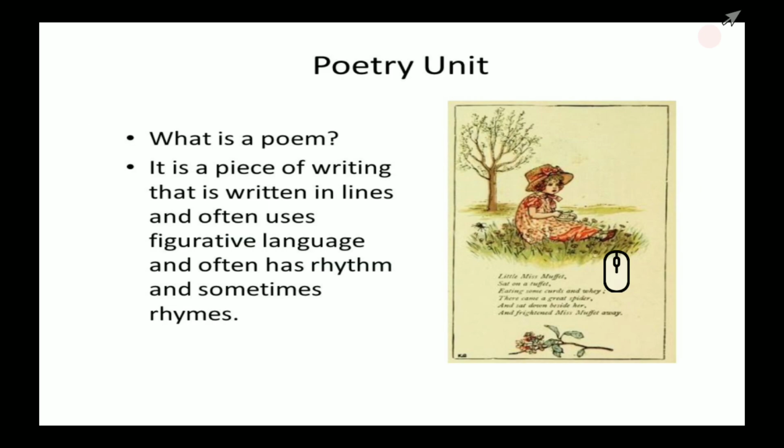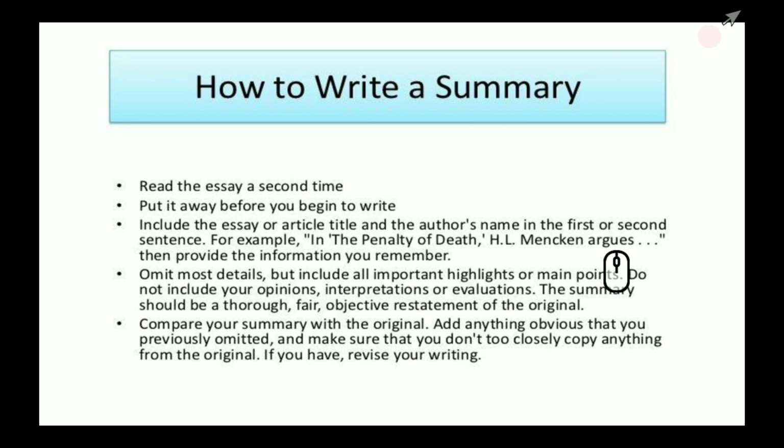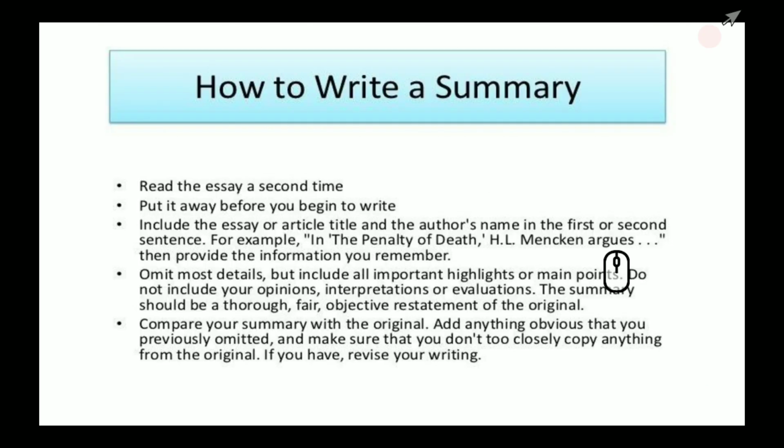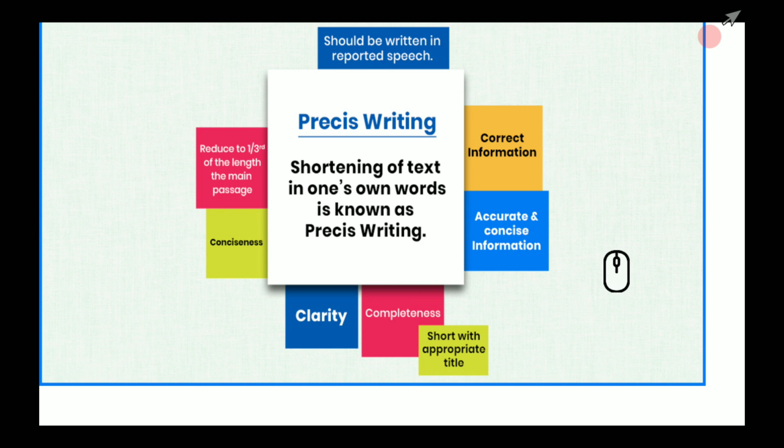So a small recap of what we have done in this session. We discussed summary writing, small summaries, wherein the second part has to be smaller, and it is a gist of the main points written about the main paragraph.